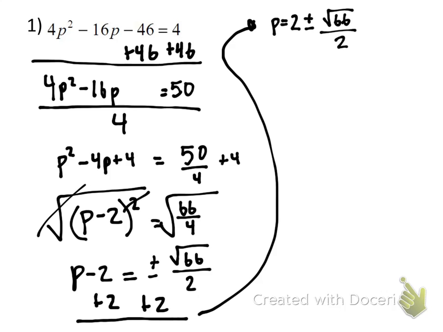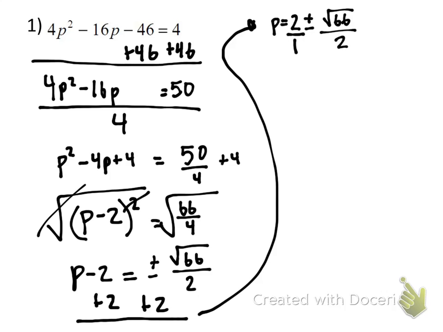Now, as of this point, I've taught you to leave the answer like this. We can't really simplify it anymore. The square root of 66, there are no perfect squares we could take out. However, the denominator of 2 is 1. We want to make sure that these two denominators are the same.